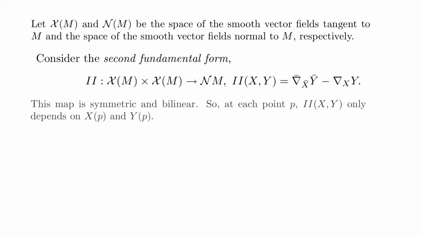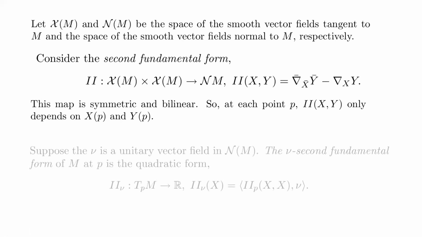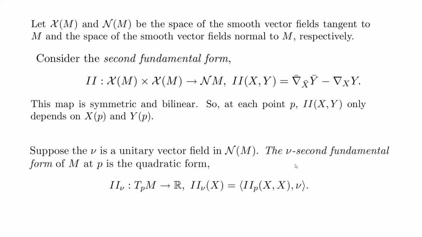So this map is symmetric and bilinear, and at each point, it only depends on the values on the point, because it's in fact a tensor. So, well, let's consider now a unitary normal vector field in this space, and consider the second fundamental form with respect to this normal in the following way. Take any point in M and tangent plane.